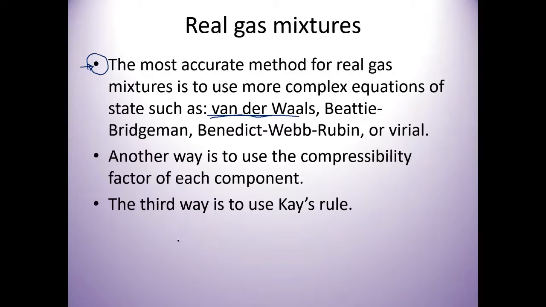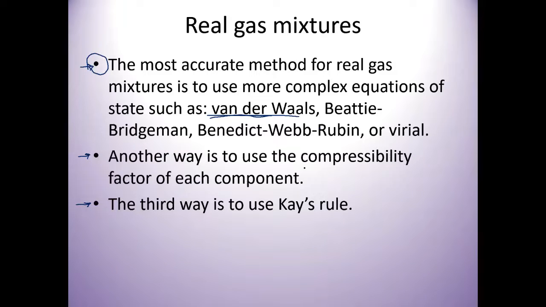What if you do not have access to an equation of state for that specific mixture of gases? Then we use one of these two options. One is to use the compressibility factor for the mixture.